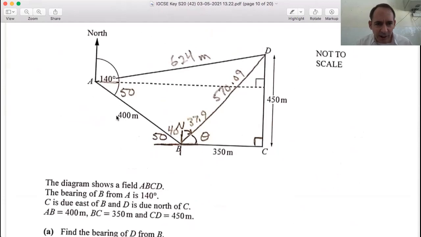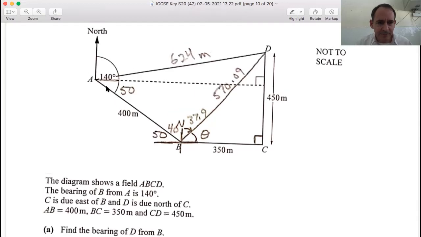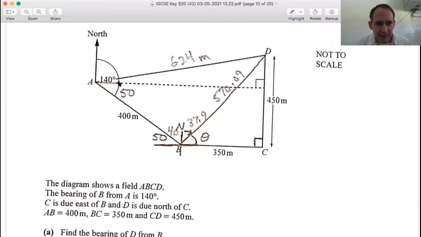And for the 400, which was already given, we have this side, but we don't have the corresponding angle over here either. What we do know up here is this 140 and this going due east is 90.